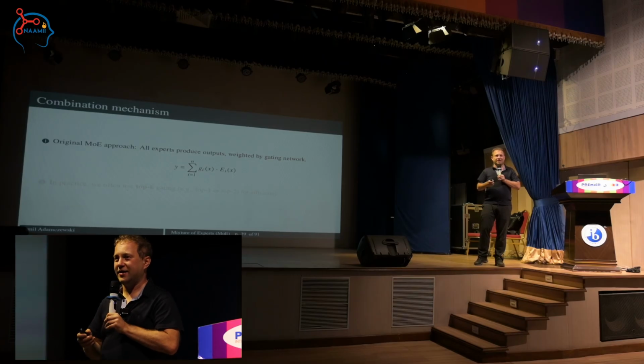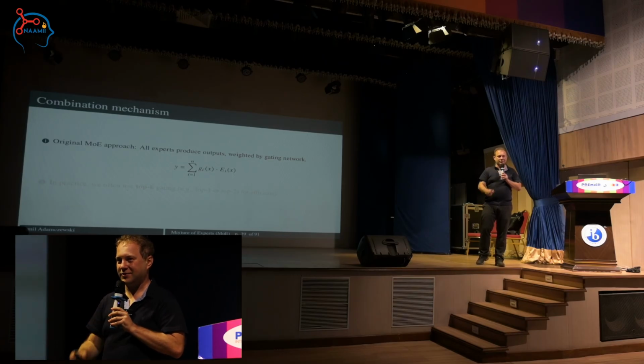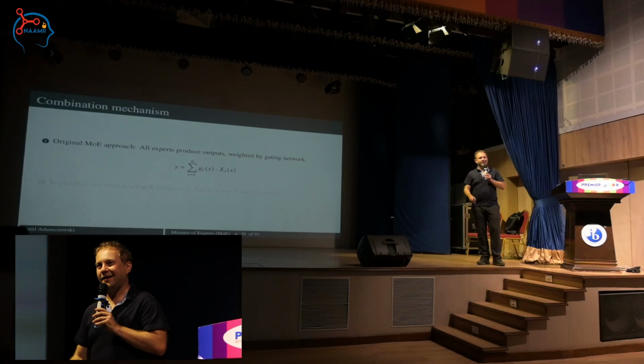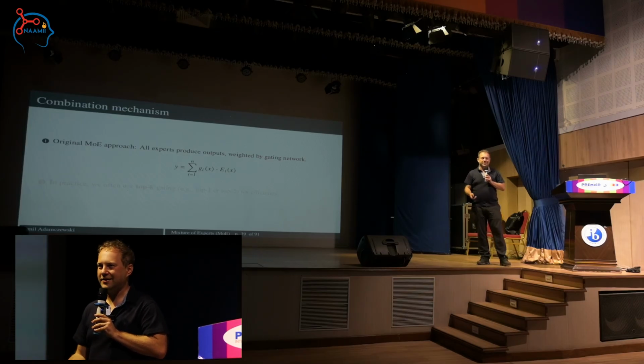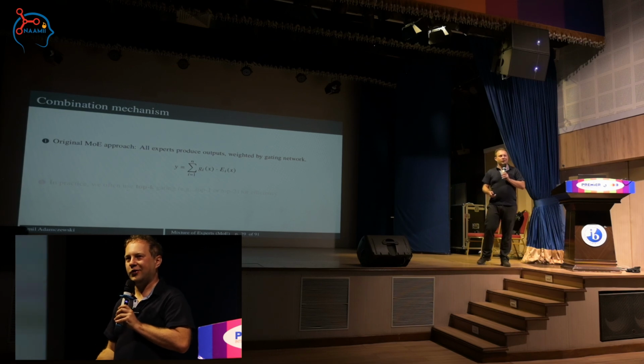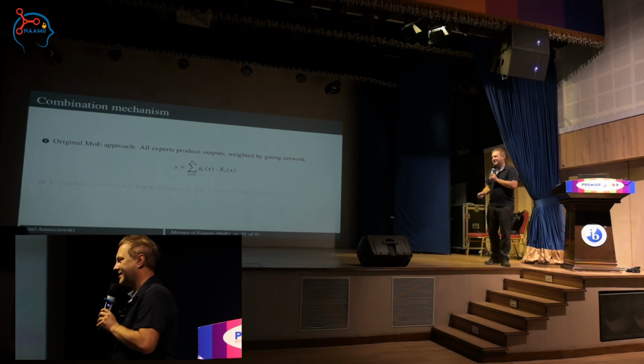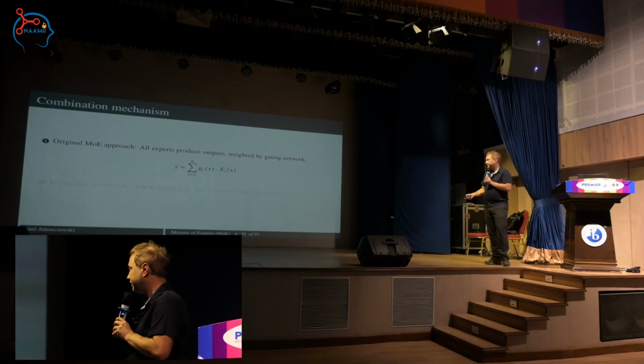But computationally, that will cost us a lot because we will have to really run each of those experts. And that will be very costly. That will be as if we had run instead of one model, multiple models. And that is not ideal. That is not something that is even feasible.